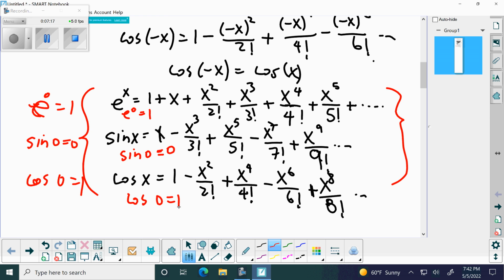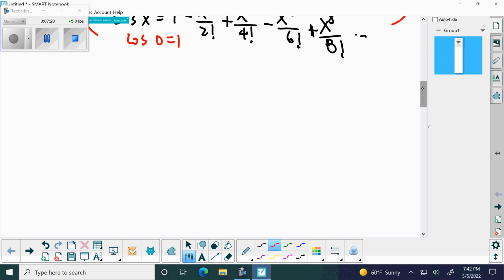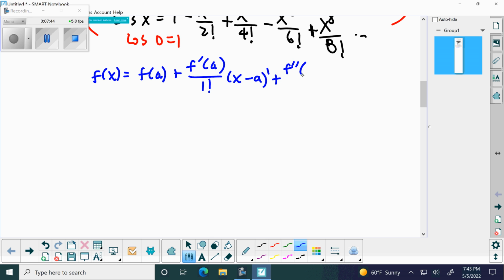Now, how did I come up with all this? This is really from the Taylor series expansion, and that states that f of x is equal to f of a plus f prime of a over 1 factorial times x minus a to the first power plus f double prime of a, that's the second derivative, over 2 factorial times x minus a squared plus f triple prime of a over 3 factorial times x minus a to the third power, and so forth.